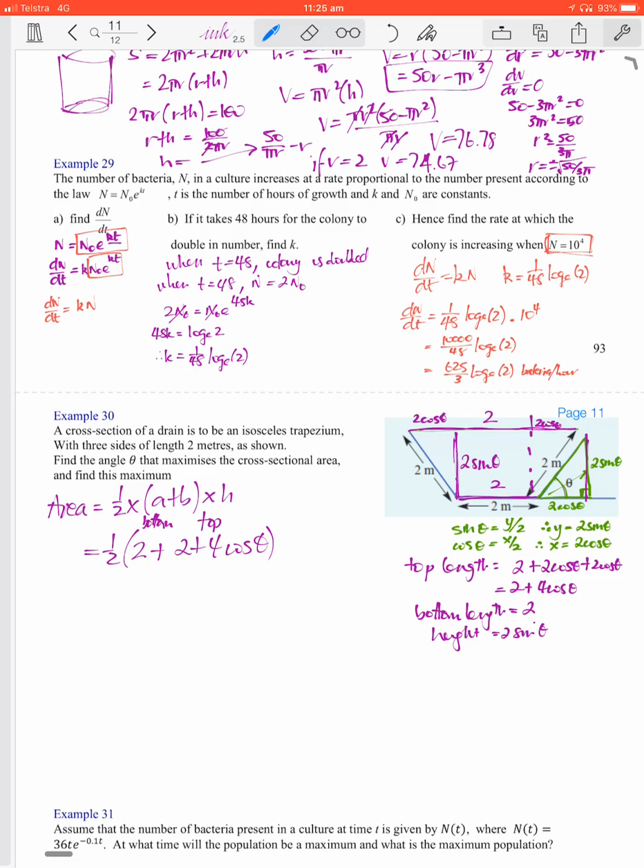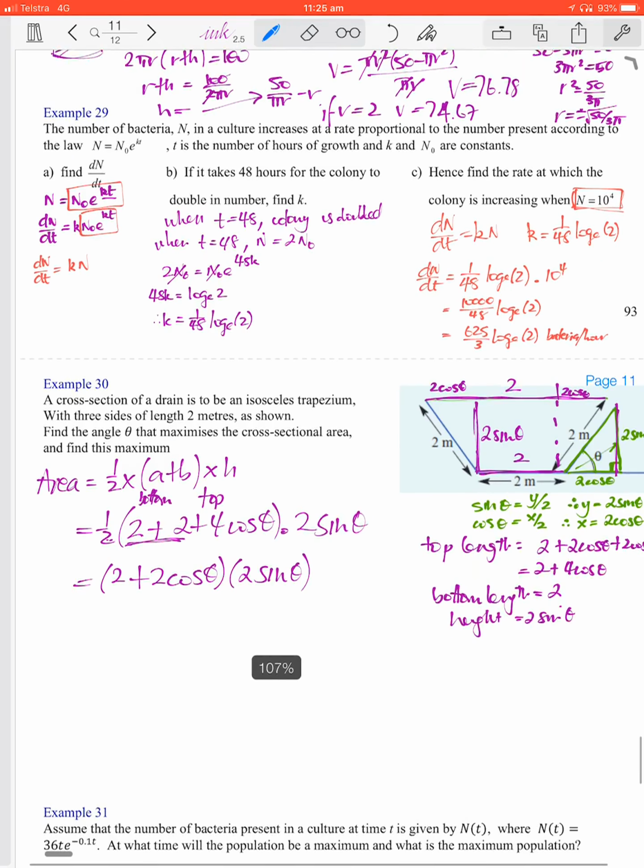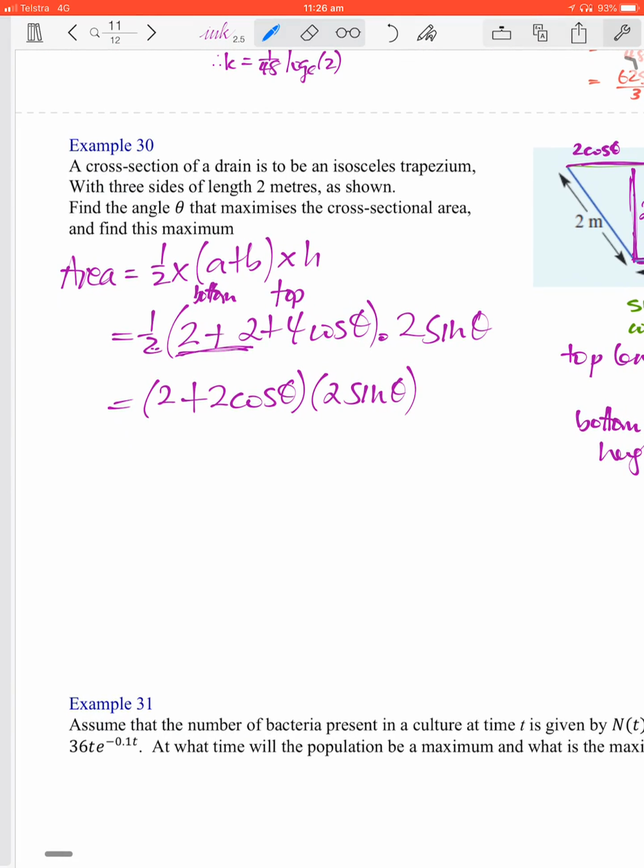And then times the height, which we know is 2 sine theta. Okay, so we've got 2 plus 2, which is 4, and then we halve it. So we're going to have 2 plus 2 cos theta times 2 sine theta. That's our area, which is also 4 sine theta plus 4 sine theta cos theta.